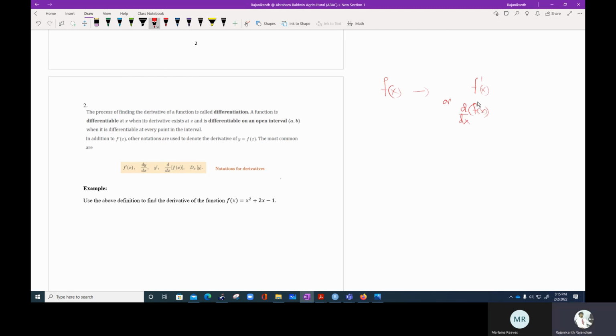If you are given a function like y equals f(x), then instead of f prime of x, you could use y prime as well, because both of them are equal, right? Or you could write dy over dx.